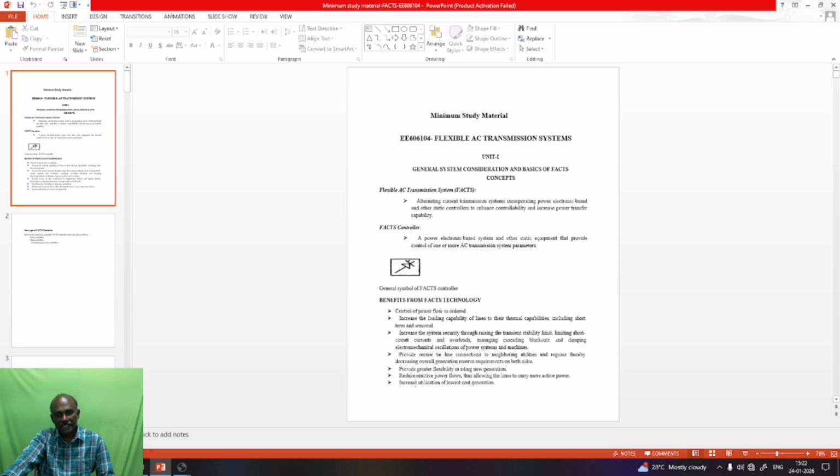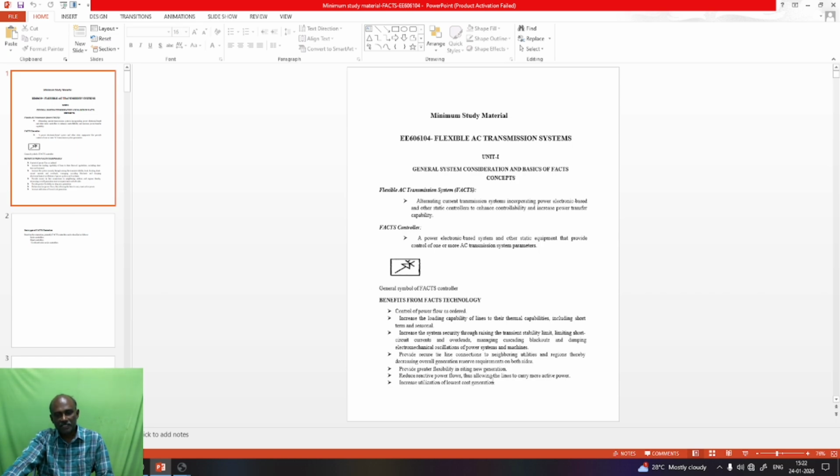Tie lines are the lines connecting the transmission systems of two or more different power generating systems. So it provides secure tie line connections to neighboring utilities and regions, thereby decreasing the overall generation and reserve requirements on both sides. The sharing of power on both sides is also possible using this FACTS technology.